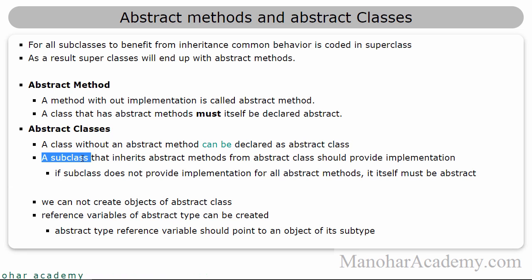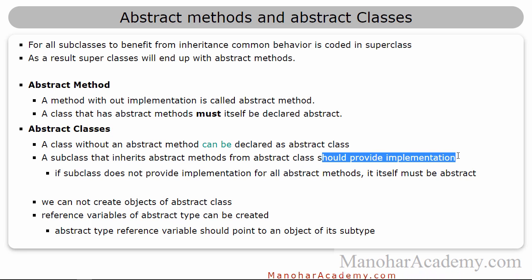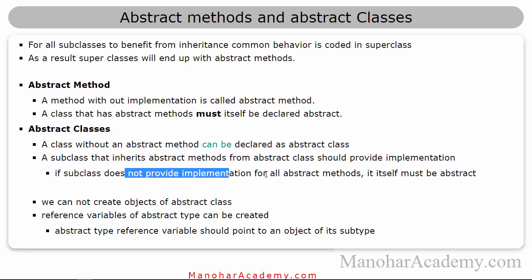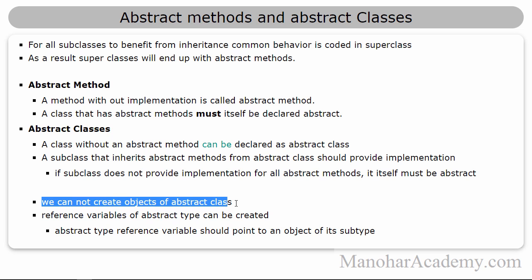A subclass, in our example the employee, that inherits abstract methods from the abstract superclass should provide the implementation. If it doesn't provide the implementation, then it should be abstract. So if the employee is not providing the implementation for getOccupation, then it should be an abstract class. Then we cannot create objects of abstract type.